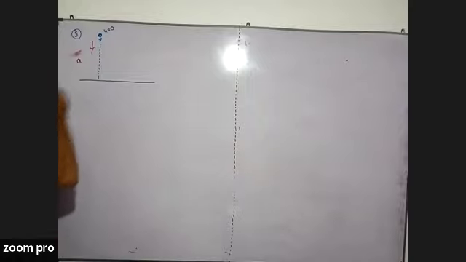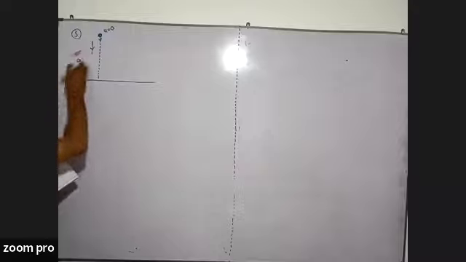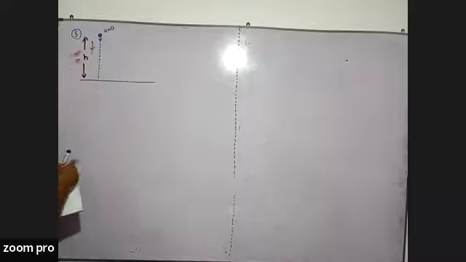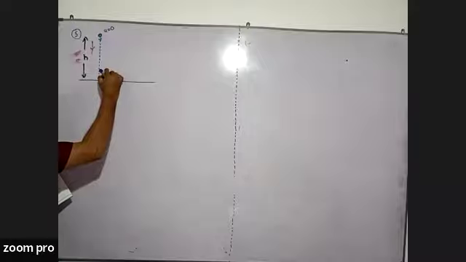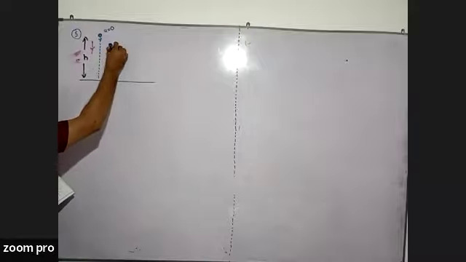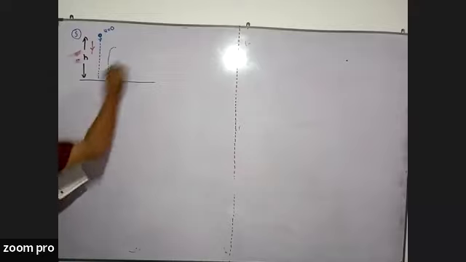The initial height of this object is h. Then what happens after it collides with the ground? It moves up to a height of h over 2.